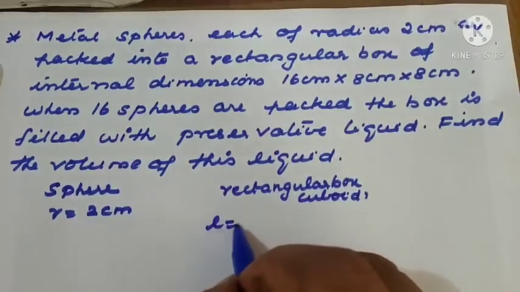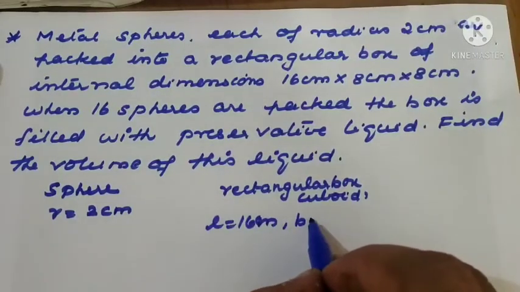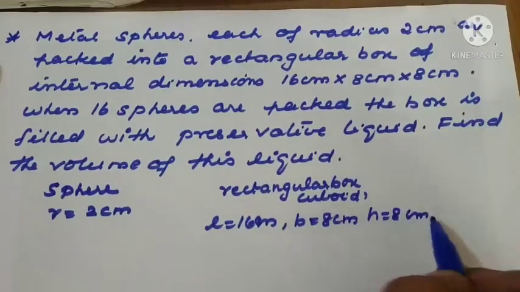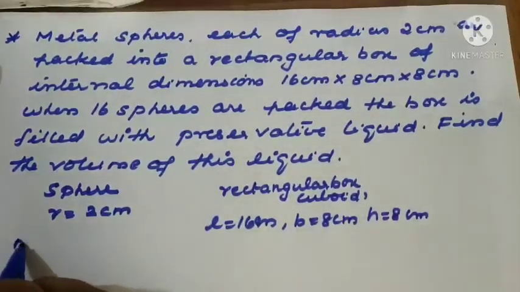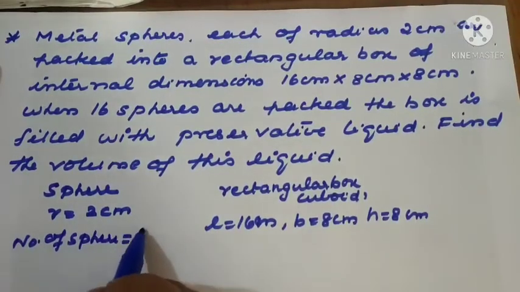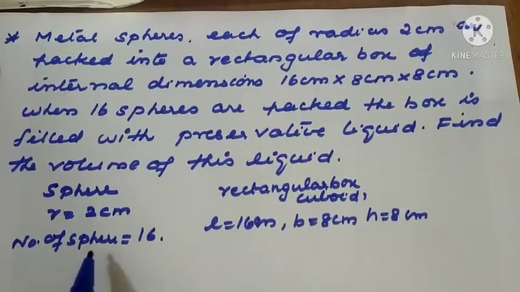So L equals 16 centimeter, B equals 8 centimeter, H equals 8 centimeter. Now number of spheres equals 16. So for the volume of the metallic sphere we have to calculate one sphere first, then 16 spheres, right?